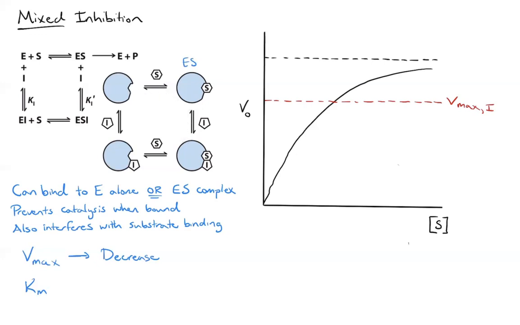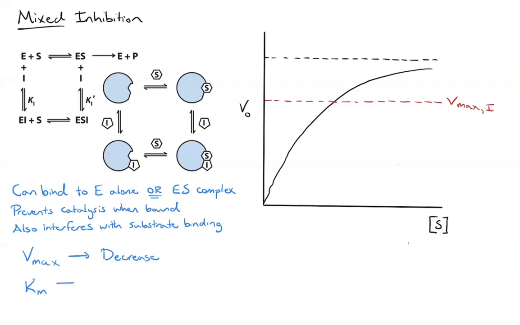But on the other hand, we could also have a situation where the ability of the inhibitor to interfere with substrate binding is the more dominant characteristic of this inhibitor. So if this equilibrium is a whole lot worse for the enzyme substrate complex than this equilibrium is with our original enzyme here, and if this is the process that dominates more in this setting, then we might have a situation that looks a little more like competitive inhibition, where it looks like the enzyme is worse at binding its substrate than it would be if there were no inhibitor present, and that would increase Km.